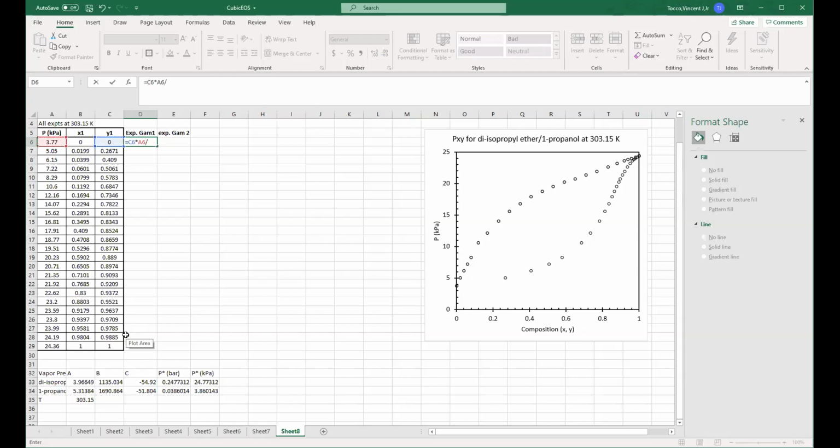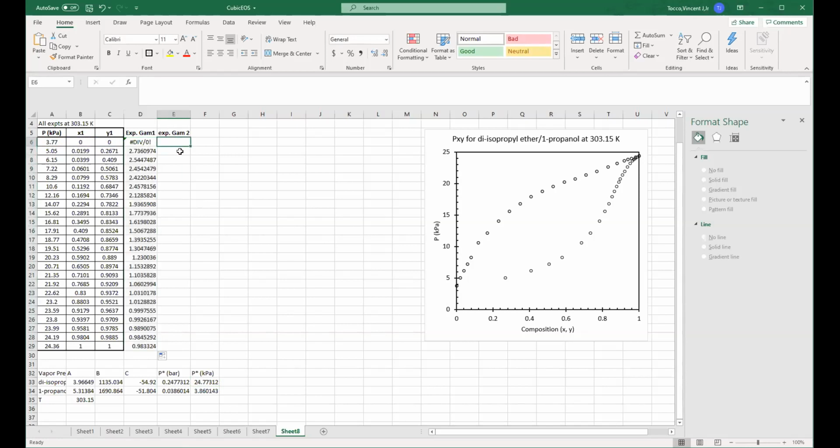And divide that by, in parentheses, x1. And this is going to give me an error, which I fully recognize because I've got a 0 there and I can't divide by 0. Times the vapor pressure of component 1 in kilopascals.